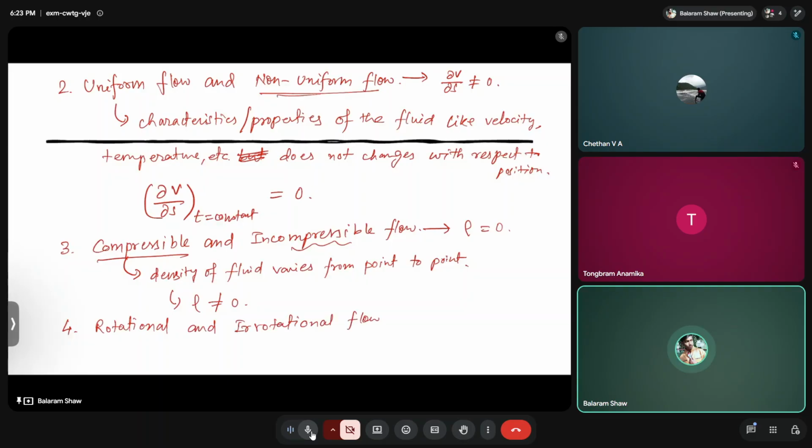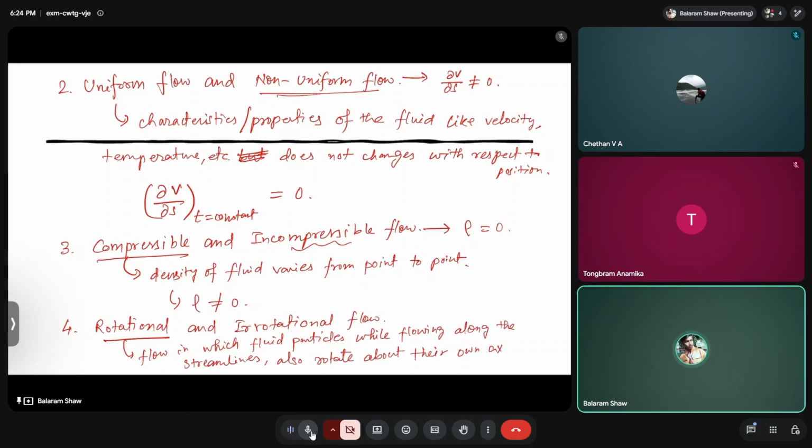So what is rotational flow? The rotational flow is the flow in which the fluid particles, while flowing along the streamlines, also rotate about their own axis.